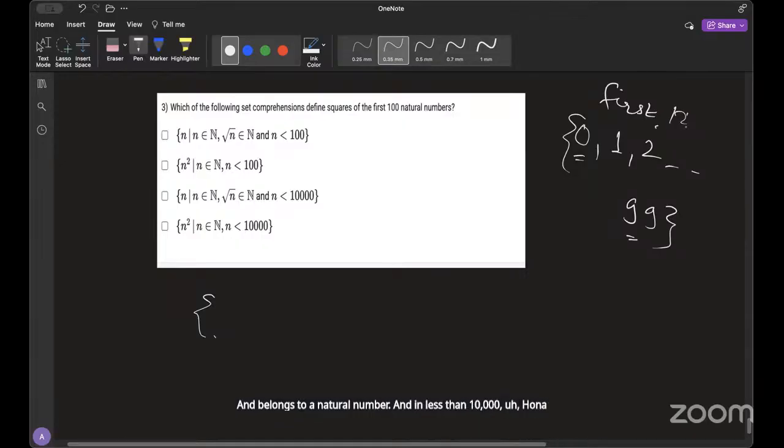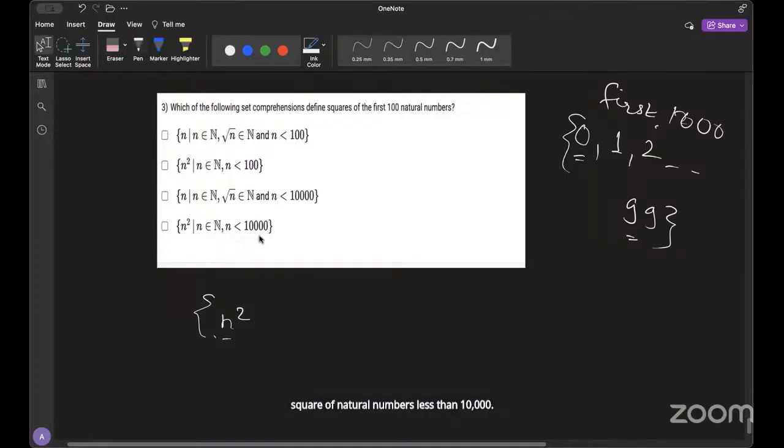Yes, it should be less than 10,000, and it is the set of squares of natural numbers that are less than 10,000.